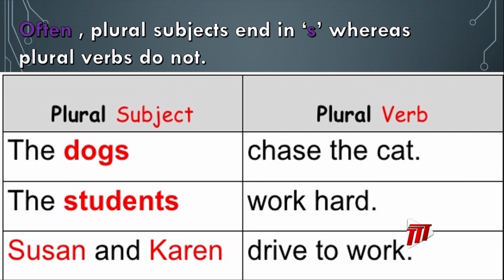If the subject is plural, and the verb has to be plural as well, the subject ends in S, but the verb doesn't, right? And we said often because it's not always, because you can have a subject that does not end in S but is still plural. If you're talking about a couple people and you list all of them, so you have James, John, and June, it would still be plural because it's more than one, but it doesn't end in S there. So that's why we say often.